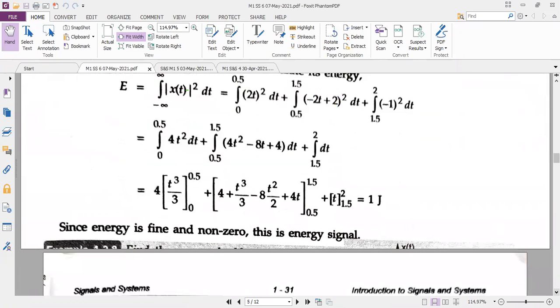I want you to complete this problem by the next class. Are you okay with this problem? Everyone? Comfortable or not? Other students?